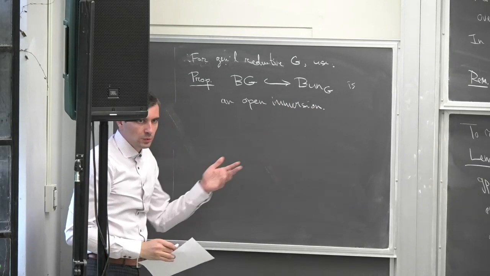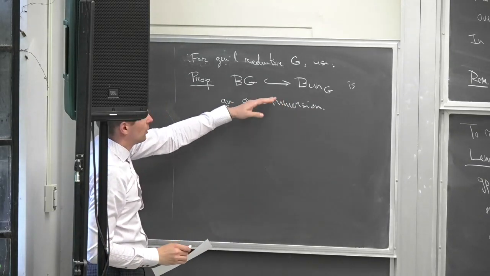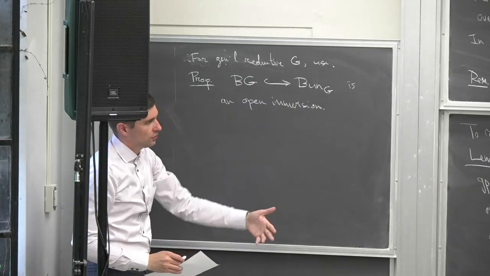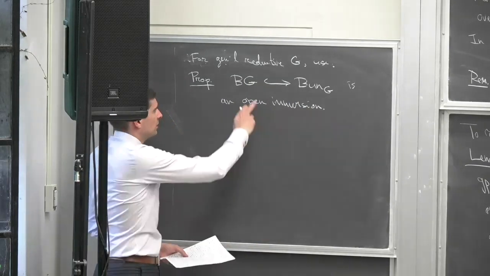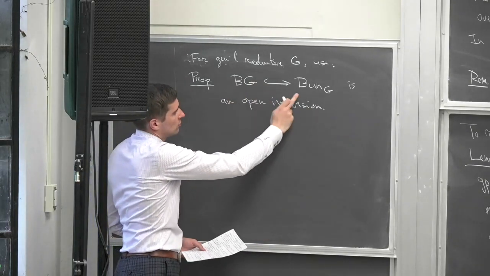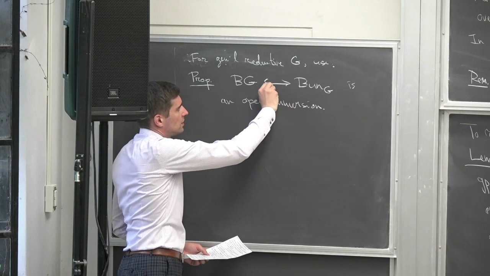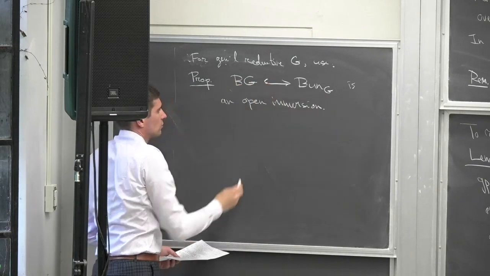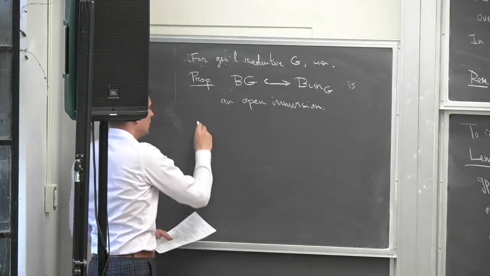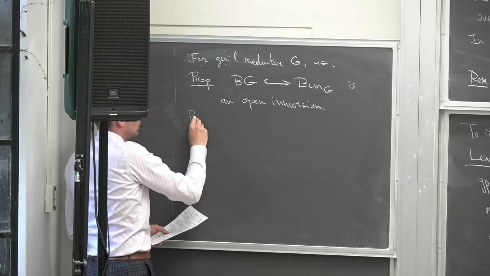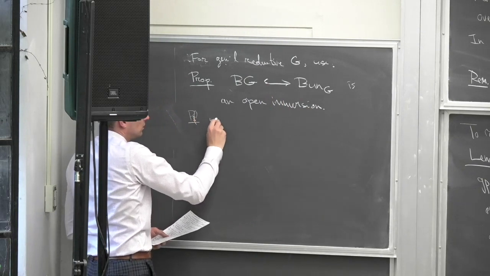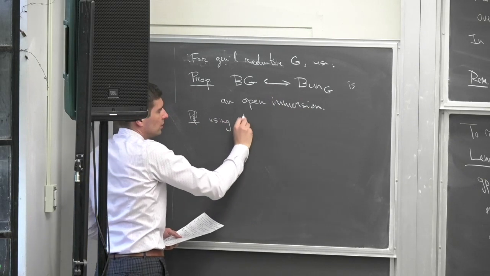This proposition is specific to P1. The moduli of G-bundles is studied for any smooth curve, but the fact that the constant torsors form an open stratum is specific to P1, and this is proved using deformation theory.